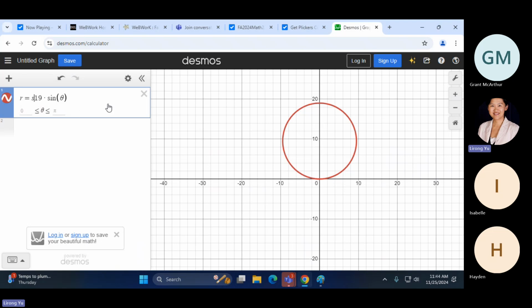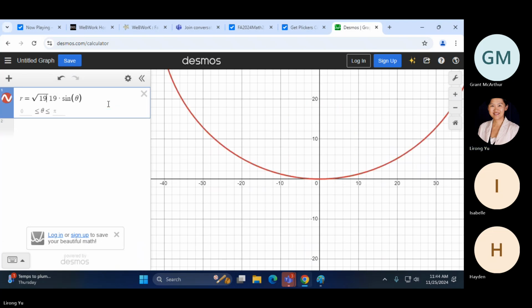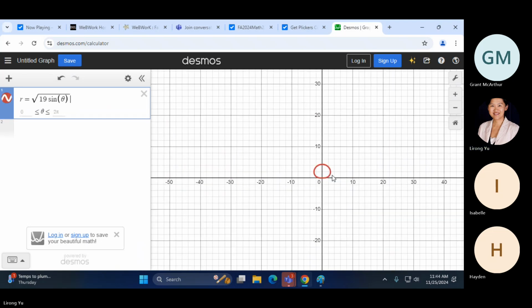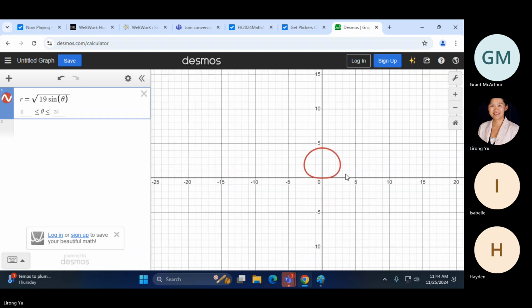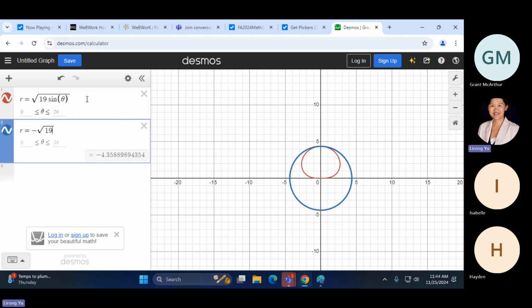So now we take the square root of what we got, with the 19 sine theta. Let's check the picture. That's this, and then r equal to negative square root of 19 sine theta.